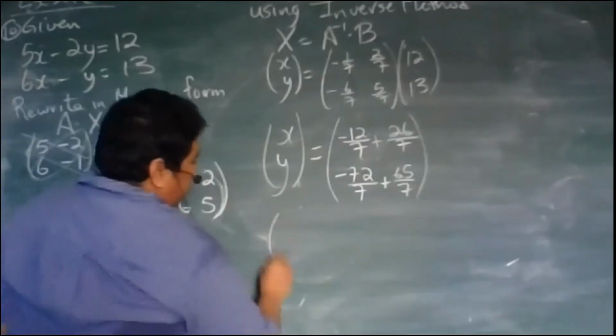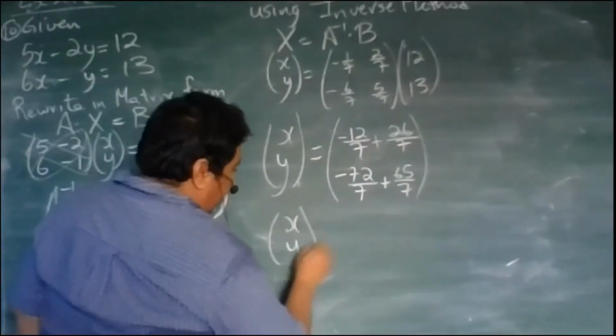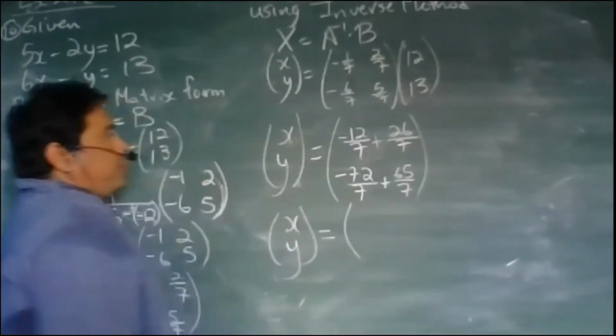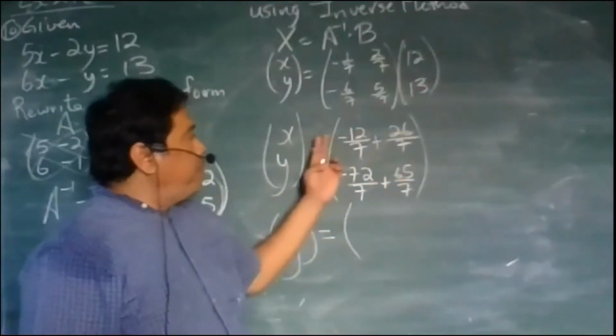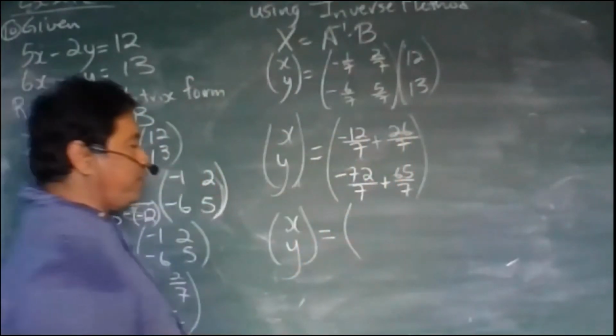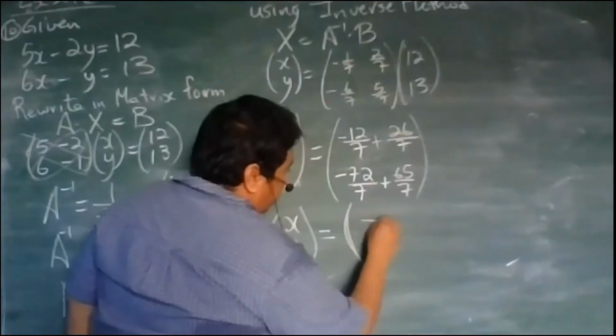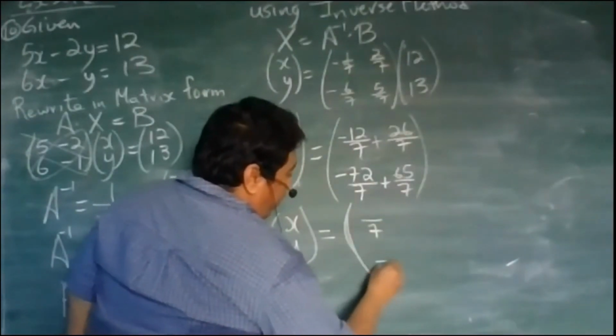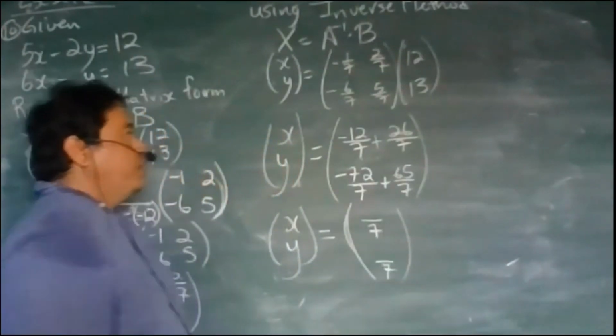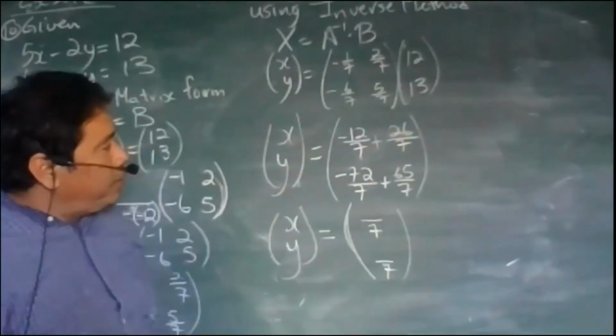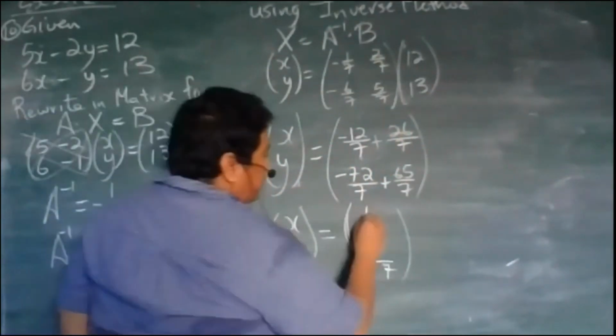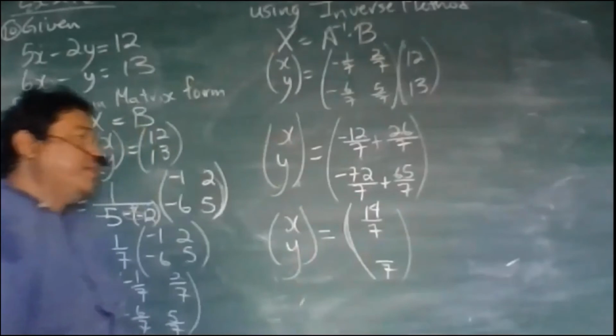So now all I'm going to need to do is to add or subtract. So 26 minus 12, since the denominator is the same, I don't need an LCM. So 26 minus 12, I believe is 14, positive 14.